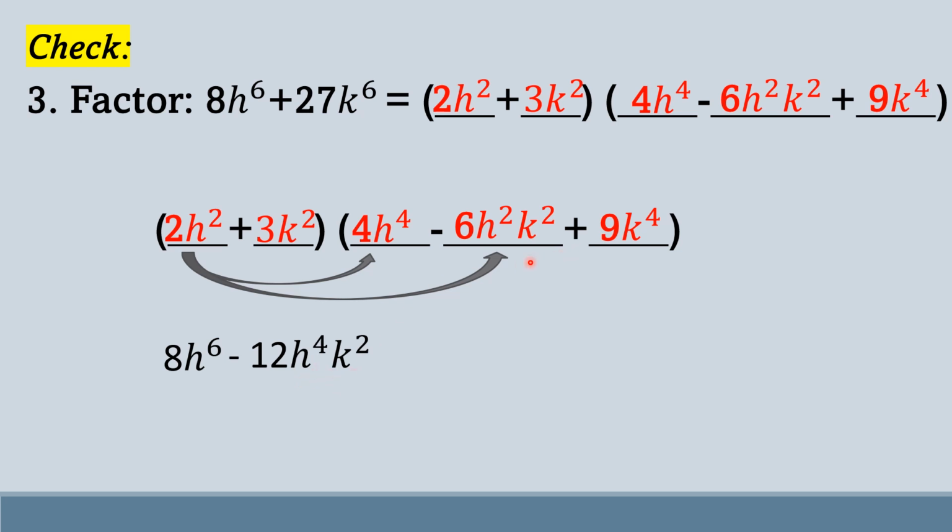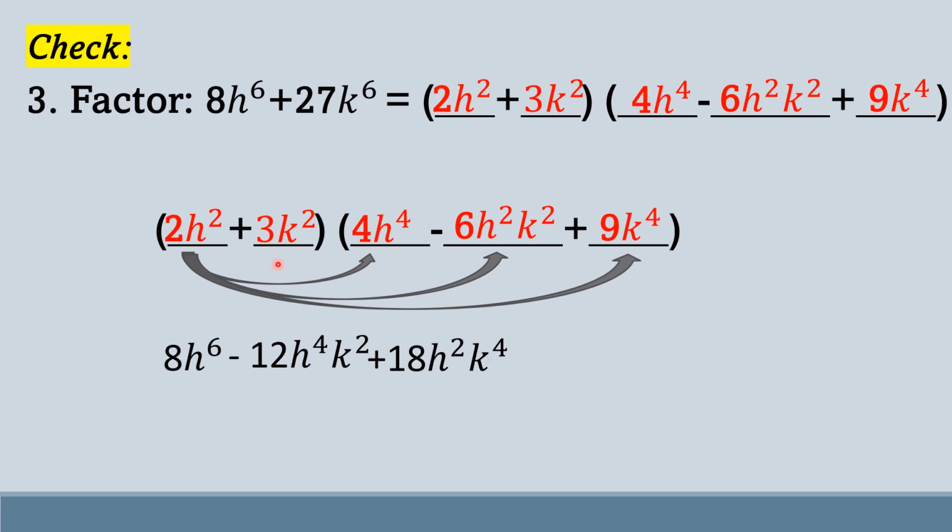Then we have 2h squared times 9k to the 4th power. All positive, so we have plus 18h squared k to the 4th power.